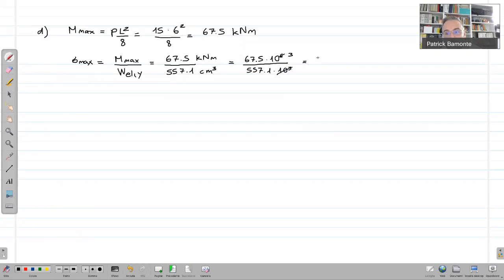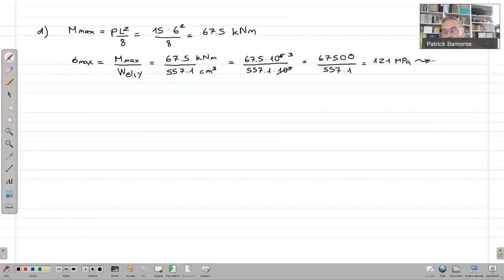So my final calculation is 67.5 multiplied by 1,000 divided by 557.1. The result is approximately 121 megapascals.